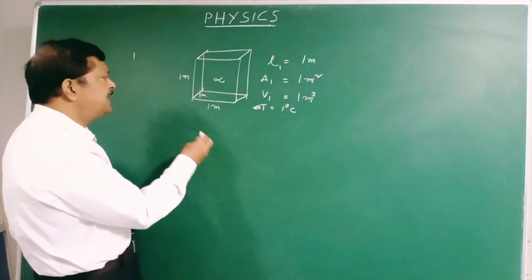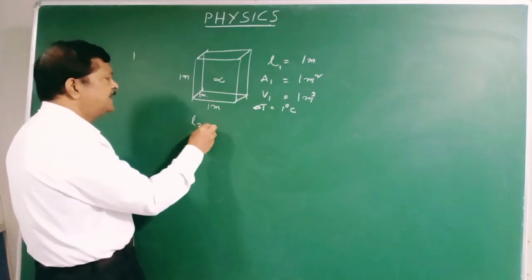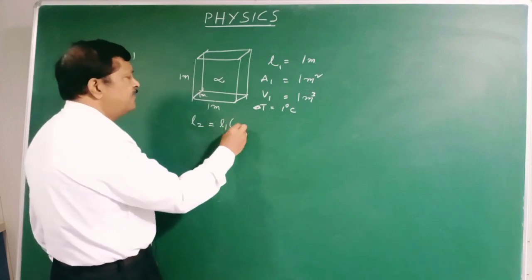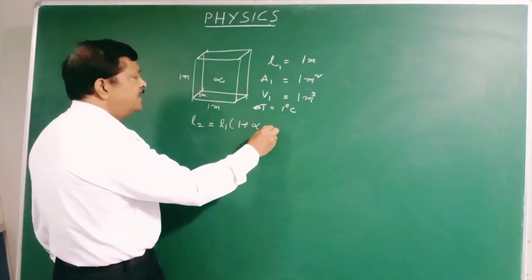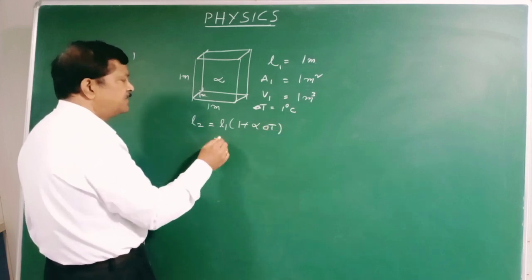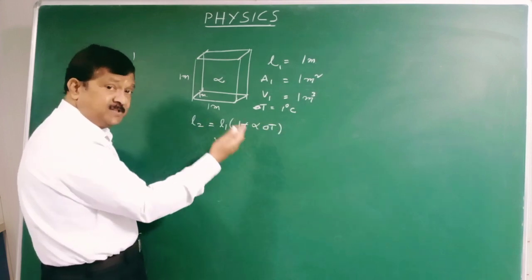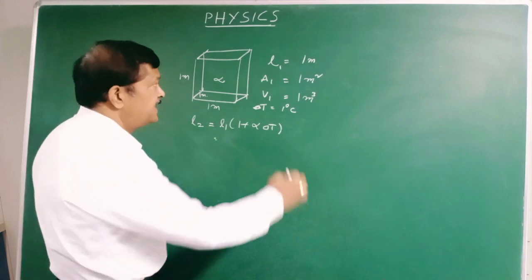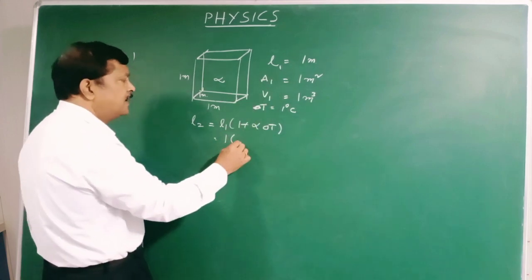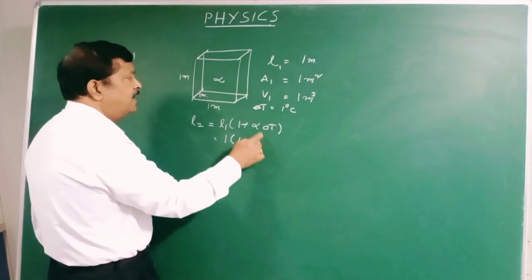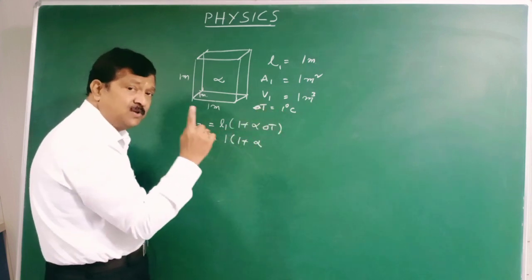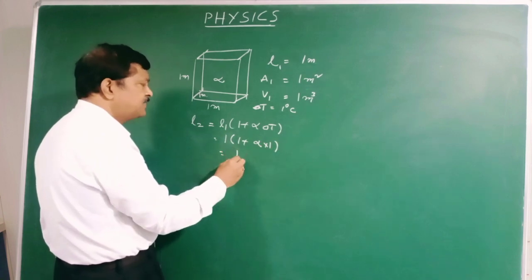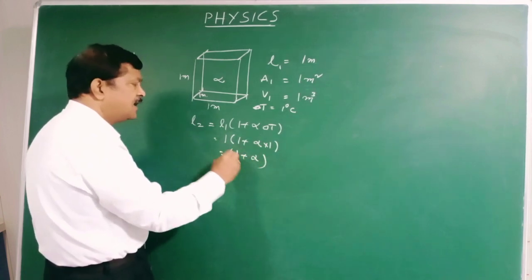Then as per the equation, the final length in any direction is L2 equal to L1 into 1 plus alpha delta T. The initial length in any direction is 1 meter. So 1 into 1 plus alpha delta T, and the change in temperature is only 1 degree centigrade, so it is again 1. Finally this becomes equal to 1 plus alpha.